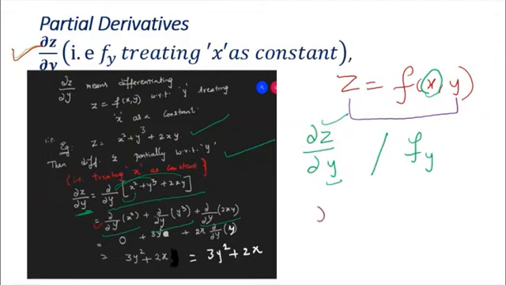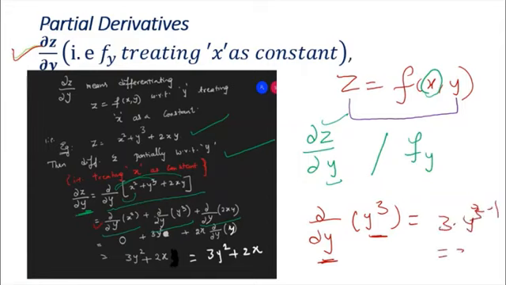You are differentiating with respect to y and the function is in terms of y. So it is 3 into y power 3 minus 1, 3y square. That is clear. And the last term is dou by dou y of 2xy.